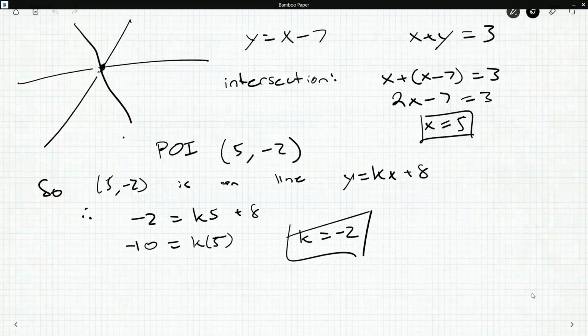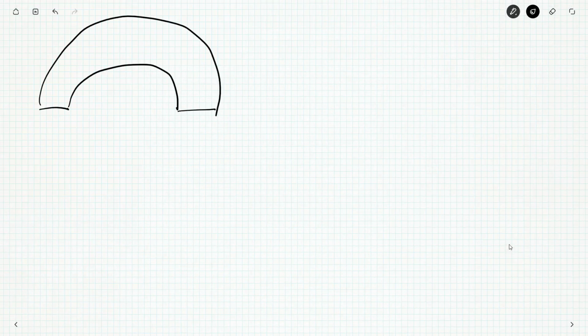So, basically, we're finding this area here. And it's a big semicircle with a smaller semicircle cut out.